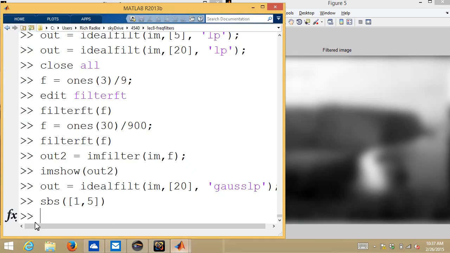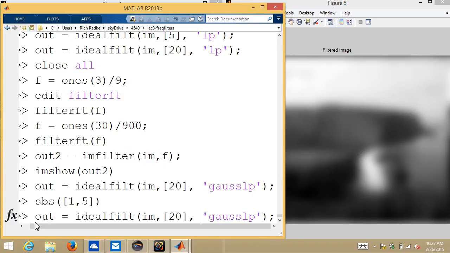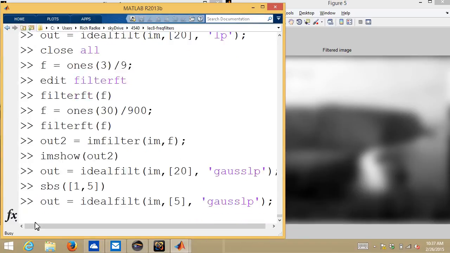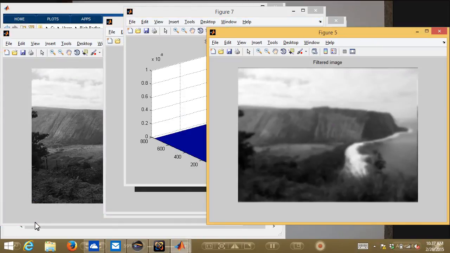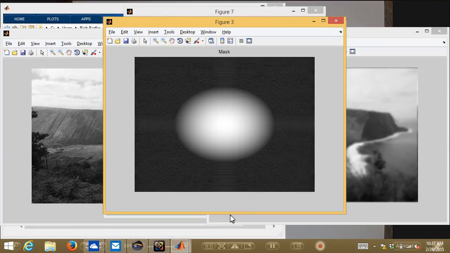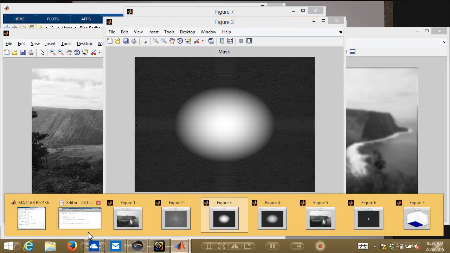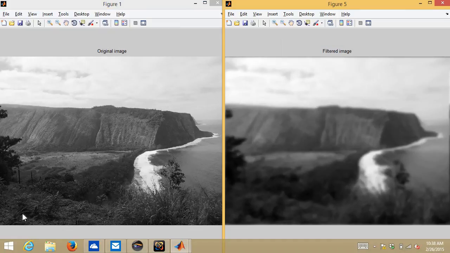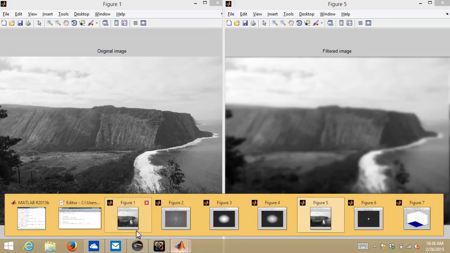And all I need to do is decide how much smoothing I want by controlling the radius of the Gaussian filter, right? So if I have a smaller radius, that means that I'm going to have a bigger domain in the frequency world, and that means I'm going to let more of the original image information through, and that means that when I look at the filtered image, I'm going to have a smoother look to it, right?